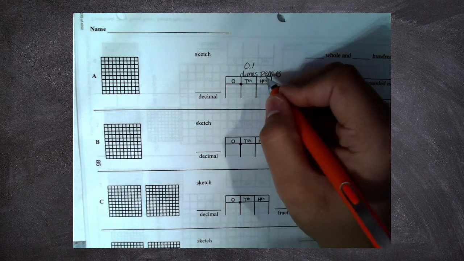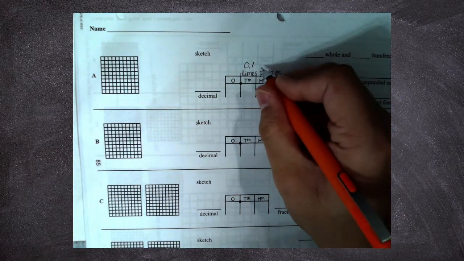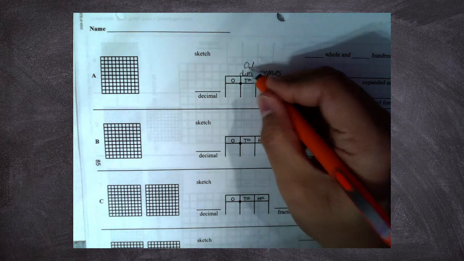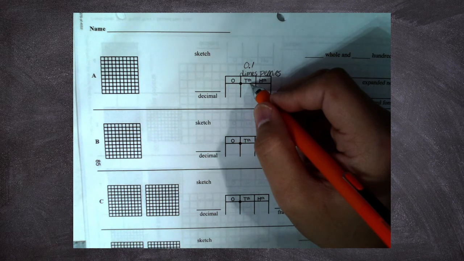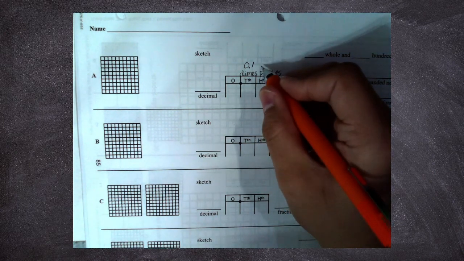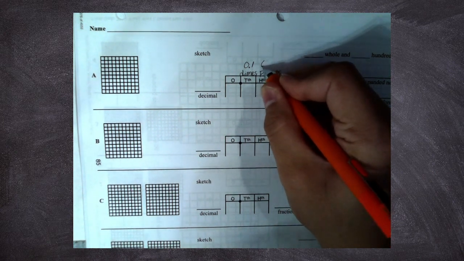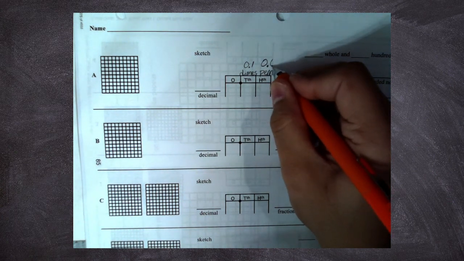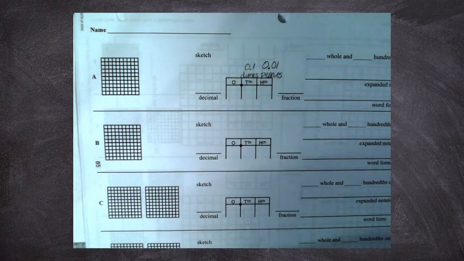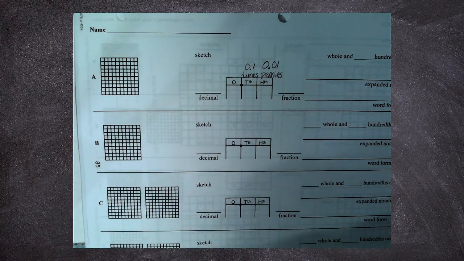On top of the hundredths, I don't just write pennies, I also write the decimal. What would a hundredth look like in a decimal? It looks kind of similar to the tenth, but there's a big difference. I'm going to write 0.01. So my tenths are 0.1. My hundredths are 0.01.